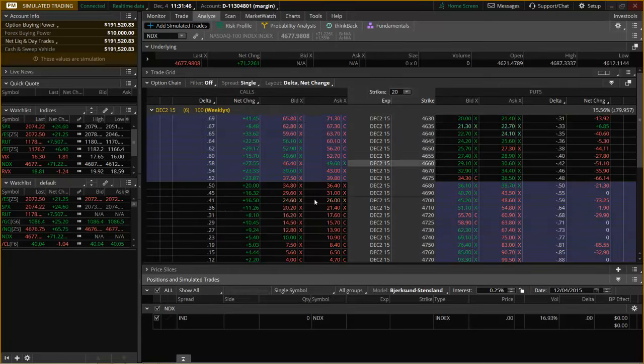And as you come to at the money, you can see the bid-ask spread is very wide, and you really don't need to come at the money at all because these are very expensive. And you can pretty much go out even to an 18 delta. And here you have to watch out for the mid price and you have to negotiate the price whenever you're dealing with the NDX.